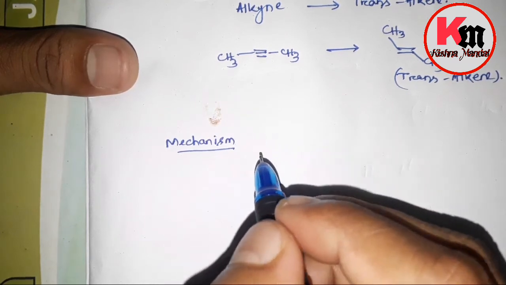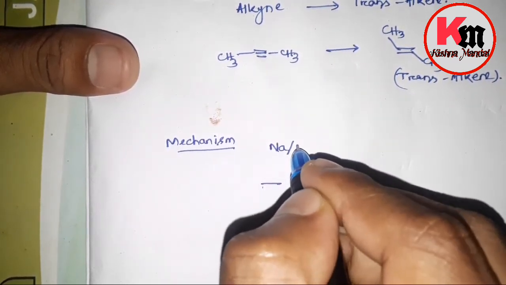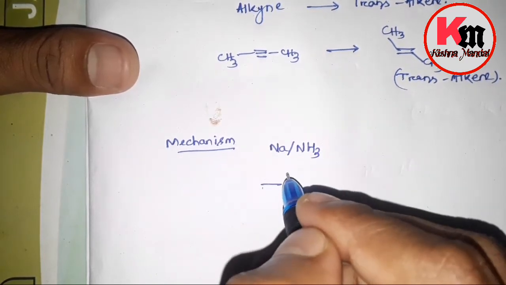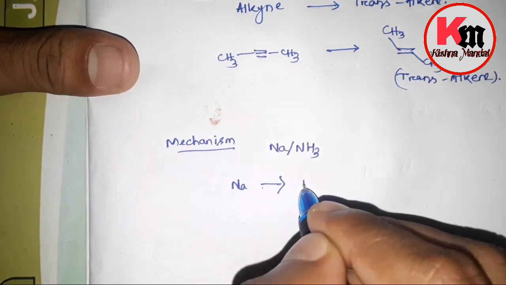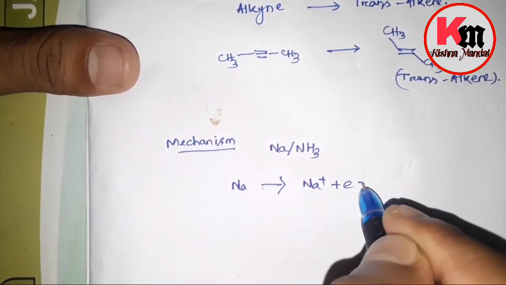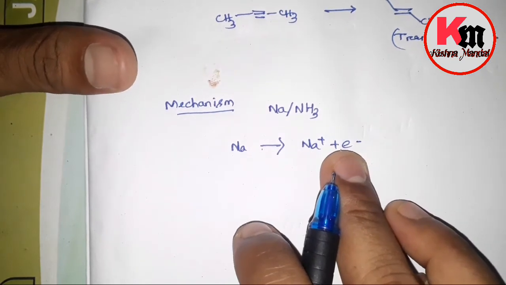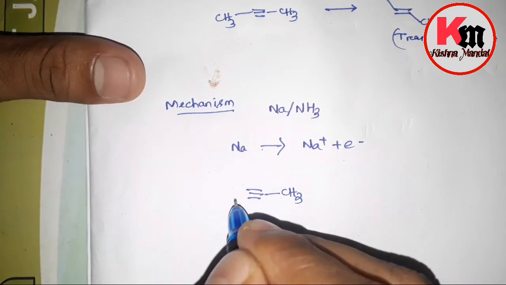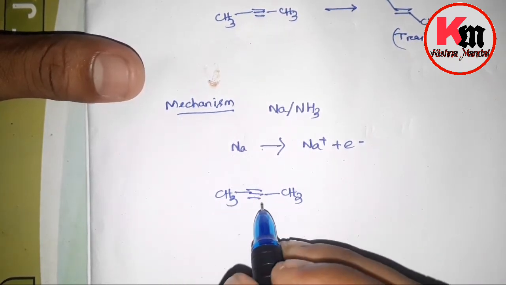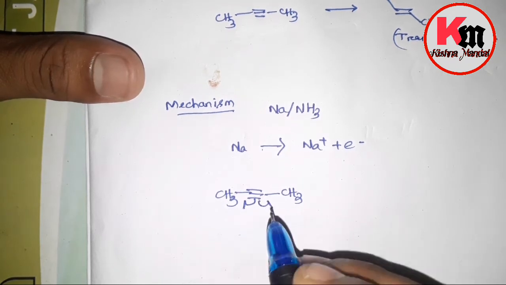What happened here? The reagent is sodium in presence of ammonia. So here the metal is sodium, it simply gives an electron. So this electron simply breaks one of the bonds of the triple bond, homolytically.